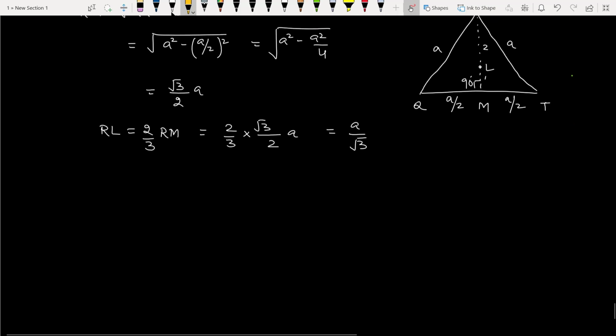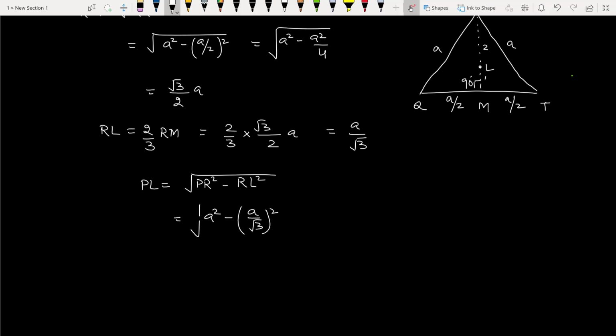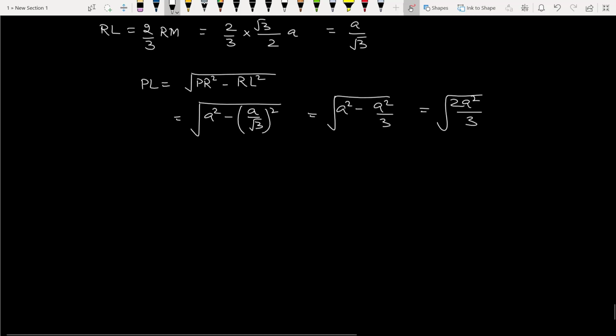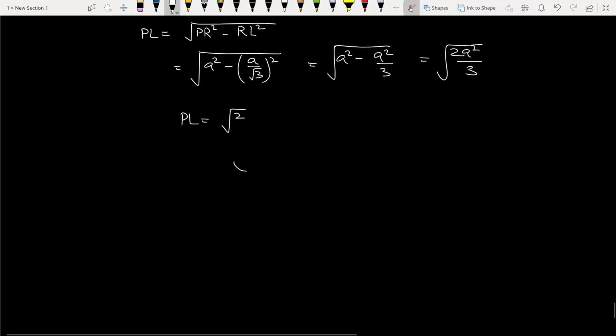So PL from that yellow colored triangle will be equal to PR square minus RL square. So it is A square minus A by root 3 square. So it is A square minus A square by 3. So it is 2A square by 3. So PL is equal to root 2 by 3A.